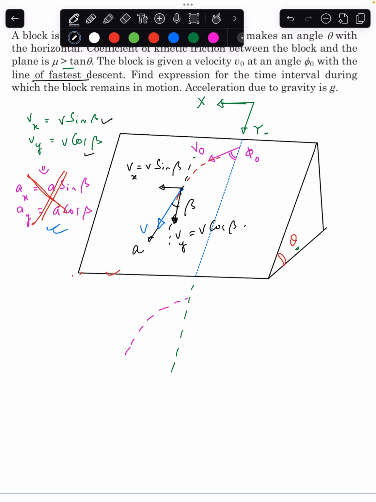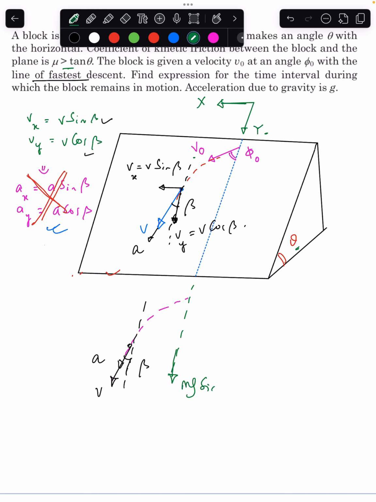At this point of time, this is the direction of instantaneous velocity. This is the direction of instantaneous acceleration. With this, it is making an angle beta. If this is making an angle beta, please try to understand which force is acting along this line. This is mg sine theta.